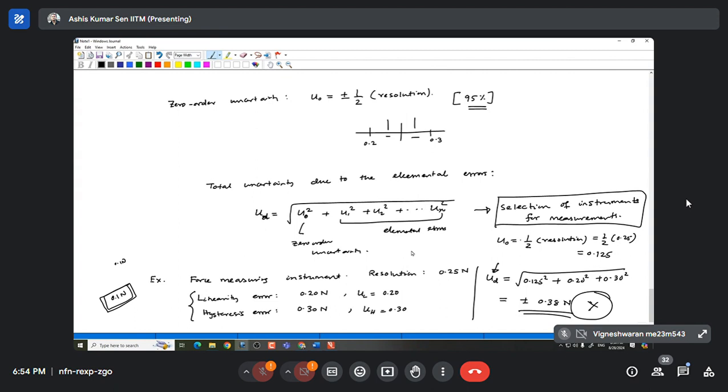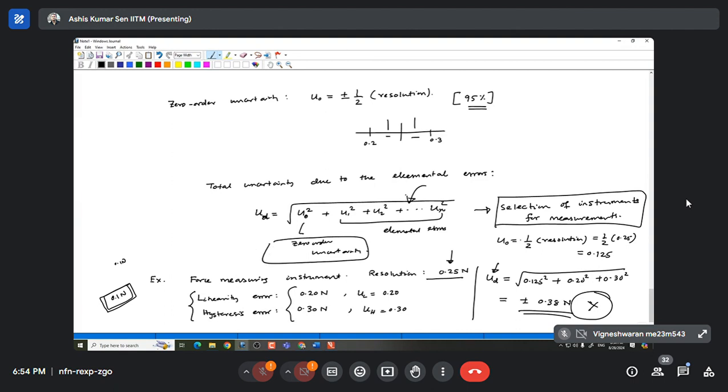So, based on resolution alone, we can't declare, because resolution is not the only thing. There are other errors that will crop up when you do measurement. Resolution alone only talks about the zero order uncertainty, but there are other errors also.